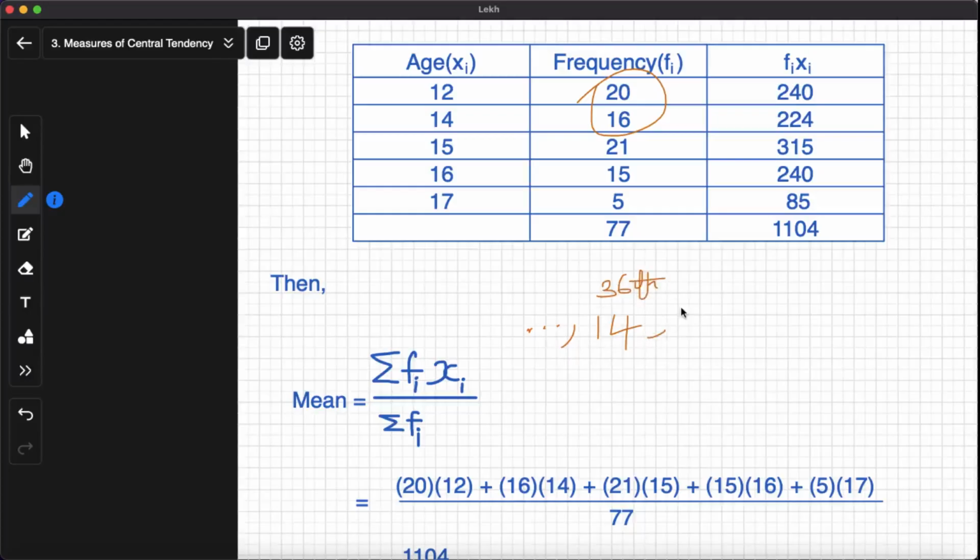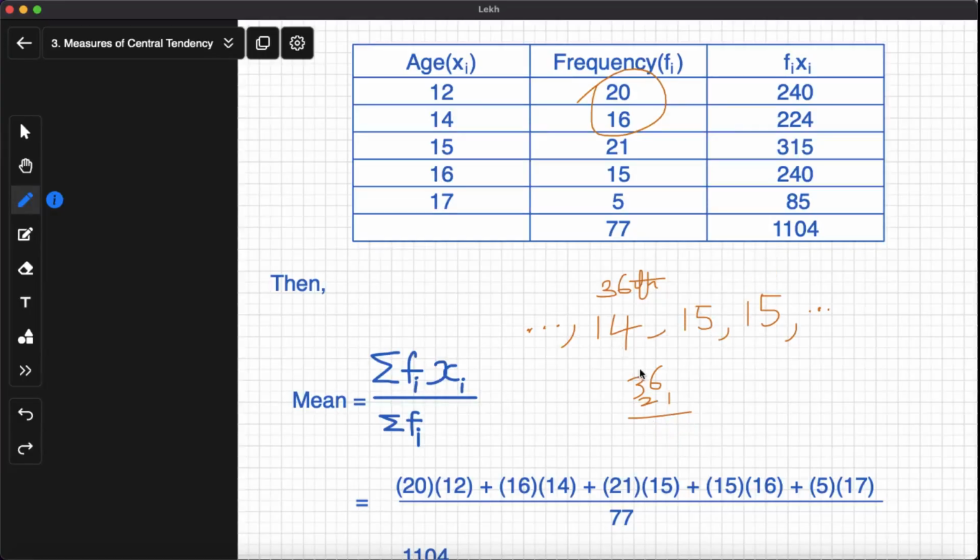And so your 37th element will be 15, and the 38th element is also going to be 15. And we are going to have more 15 until 36 plus 21, which will be 57. So the 57th element is also going to be 15, but the 58th element will now be 16. So we are saying that the element in the middle position is 15, and that means that's our median. That's how we got that.